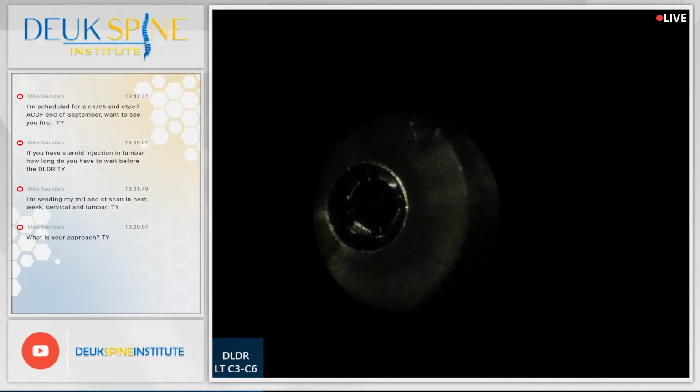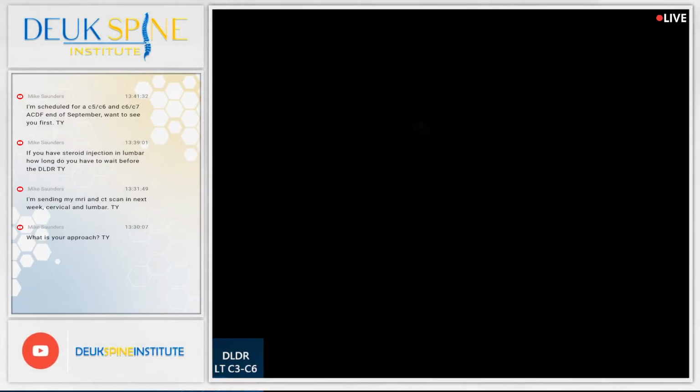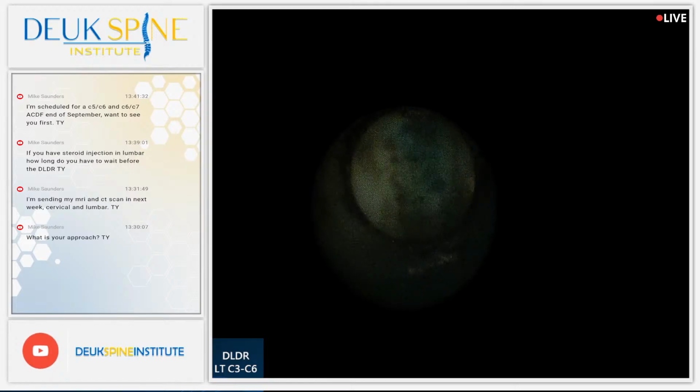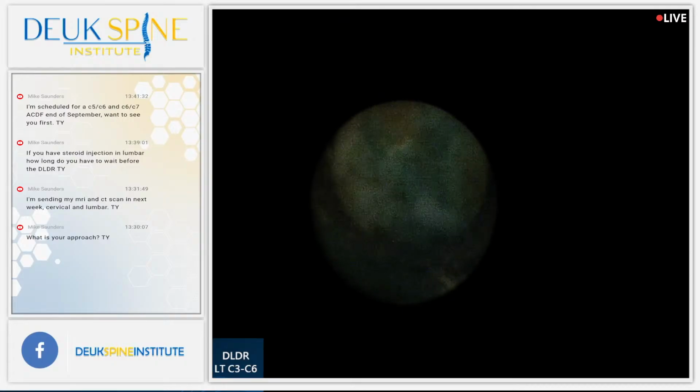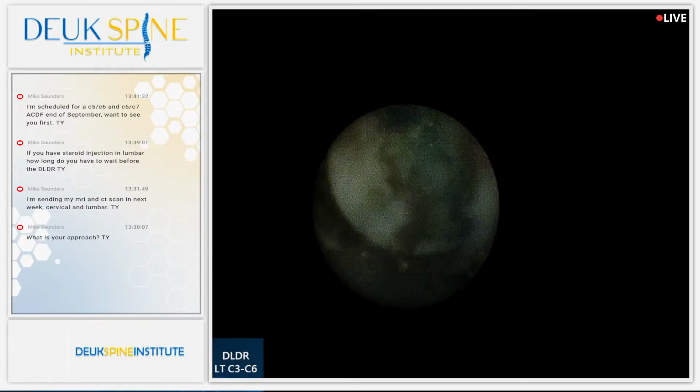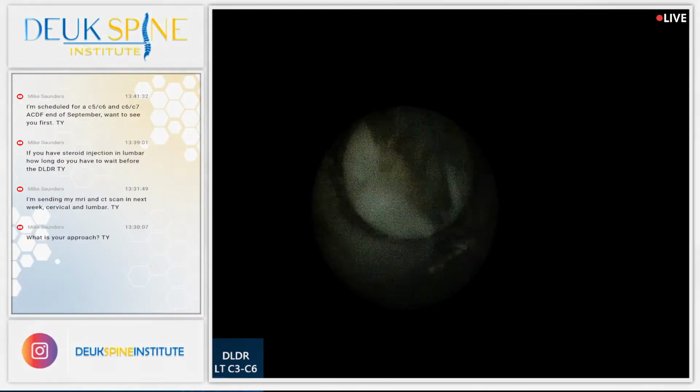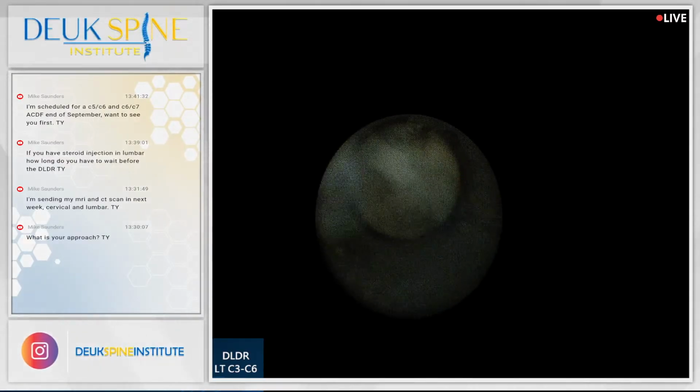Don't recommend it. The only situation I can't fix with the laser is something called ossification of the posterior longitudinal ligament, which you have to have a CAT scan to diagnose, and it's very rare. But everything else that has to do with the disc problem, the laser is always going to be a better option, because we're not fusing.